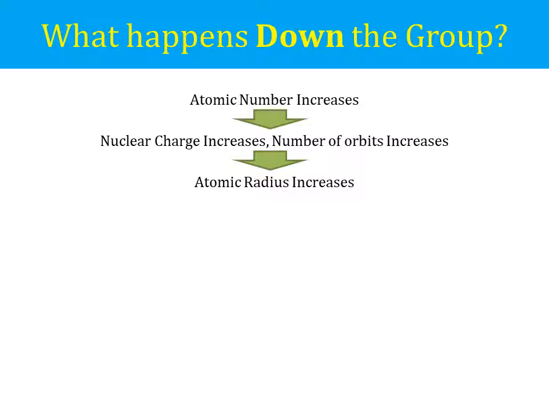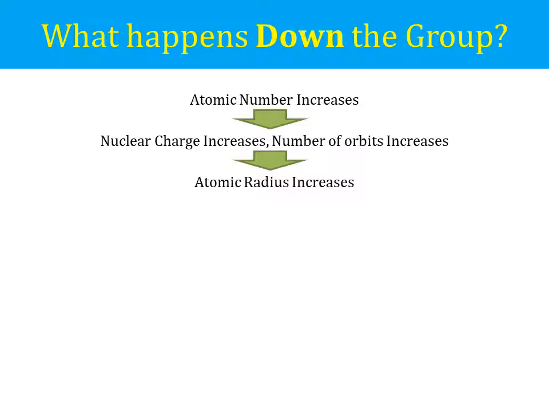And for this reason, since the number of orbits dominates, the effect of effective nuclear pull over the atomic radius is less, and hence there should have been a decrease, but the decrease is very small.